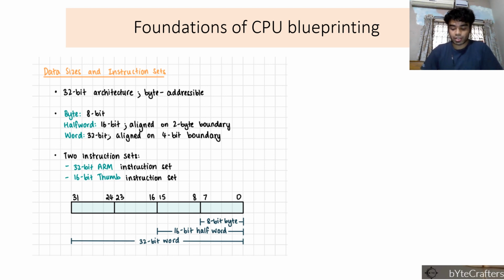Bandwidth is the number of bits that is processed for every instruction. The bandwidth for the RISC architecture, which is ARM, is 32 bit, whereas for Thumb it is 16 bit. So it's more in case of ARM.